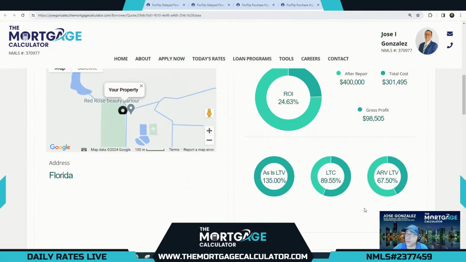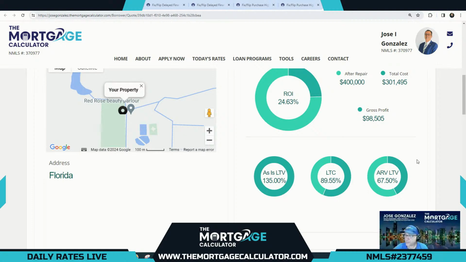Depending on your ARV and your LTC, the maximum ARV LTV may be the limiting factor on your loan amount as well, right? If your ARV is a little bit lower, you're not going to get the same loan amount. That definitely comes into play. It's ROI, ARV, LTV, LTC, different numbers control.